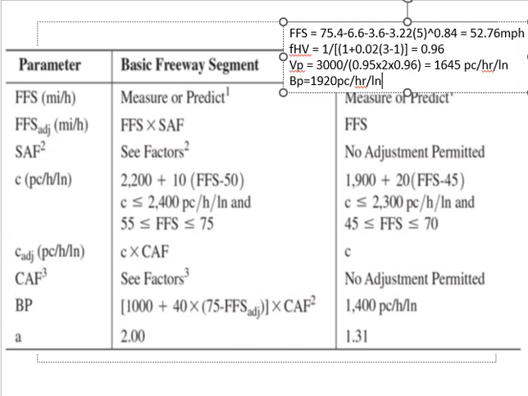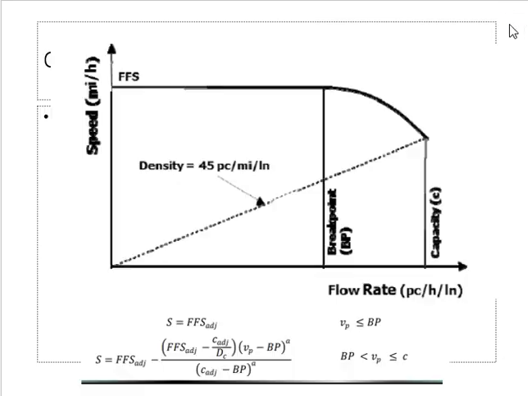Okay, any problem? Clear? Sure. Okay. Now if I go back to the curve, this is my breakpoint, right? If I'm on this part of the curve, then my flow rate should be what?